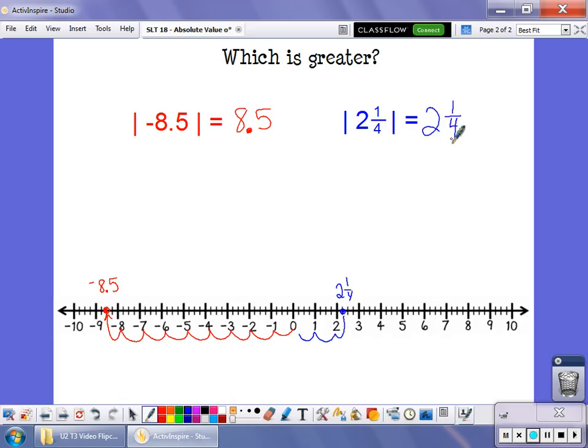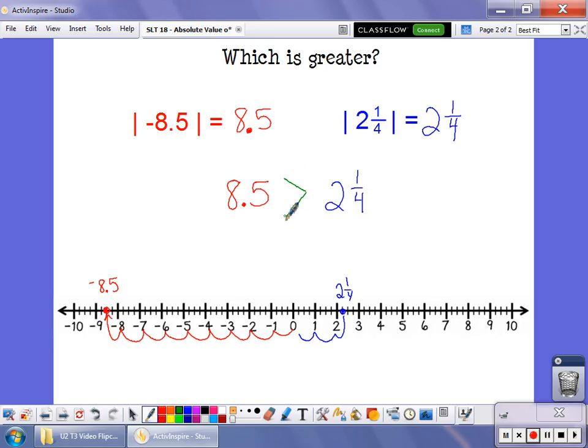So what I want to do now is compare these values. I want to compare 8 5/10 to 2 1/4, because I'm not comparing the actual numbers now. I'm comparing their absolute values. What I'm looking at is to see which of these two numbers is a greater distance from 0, and that's going to be 8 5/10.